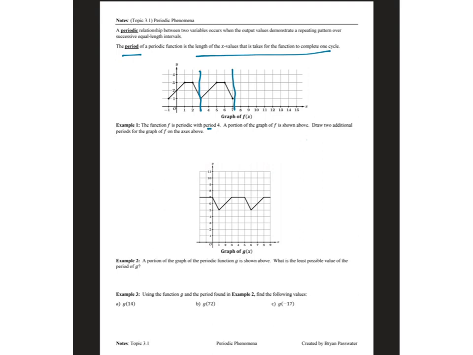A portion of the graph is shown above. Draw 2 additional periods. So it looks like for the next 2 units, it's going to rise 1, run 1, rise 1, run 1. And then it levels off from 9 to 10. And then from 10 to 11, it rises 2, runs 1 in the downward direction.